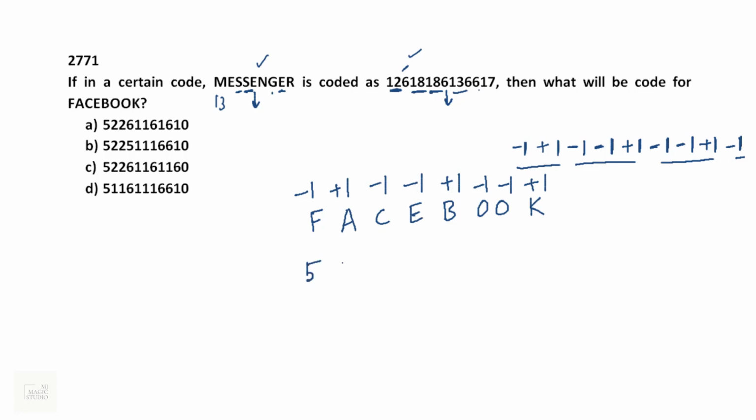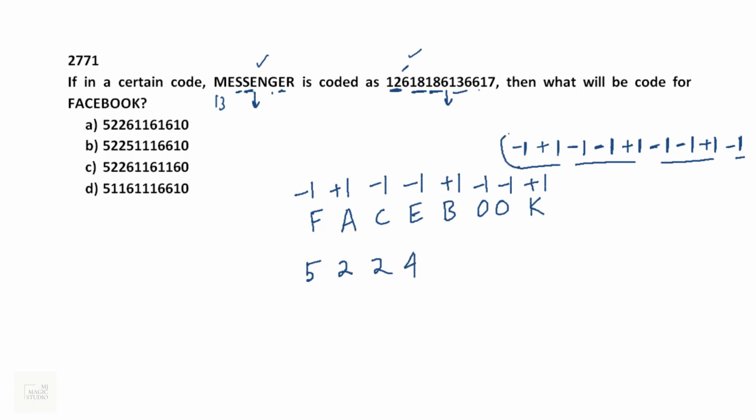A plus 1 will give 2. C is 3 minus 1 will give 2. 5 minus 1, E minus 1 is 4, but none of the option is showing 4th.